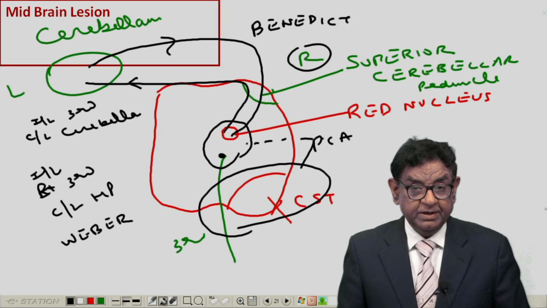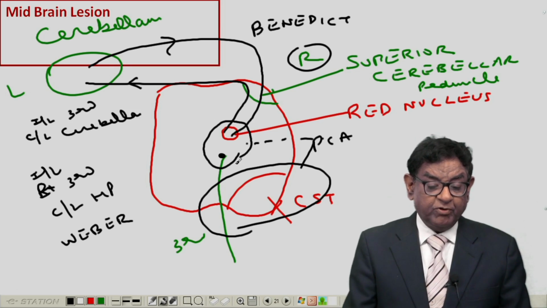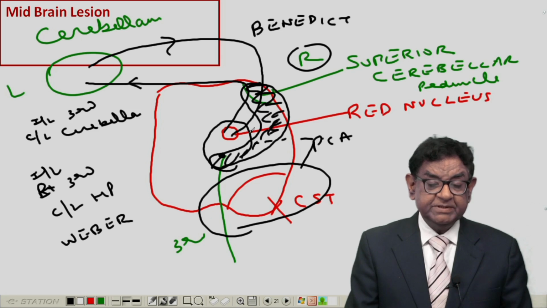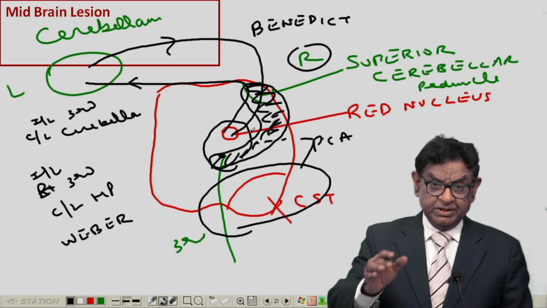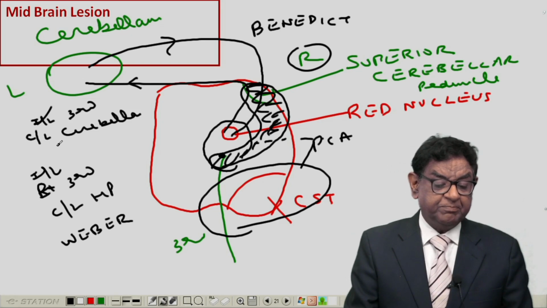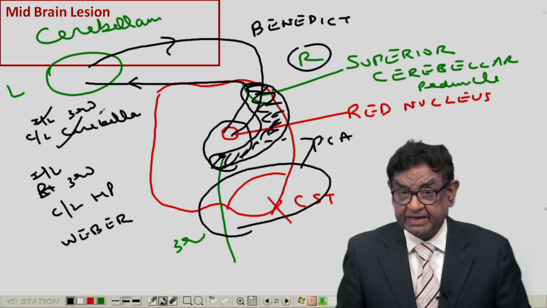Right? At another time, the involvement may be the third nerve nucleus and the superior cerebellar peduncle, like this. That means the red nucleus is not involved. But clinically, the patient will have the same findings: ipsilateral third nerve palsy and contralateral cerebellar features.